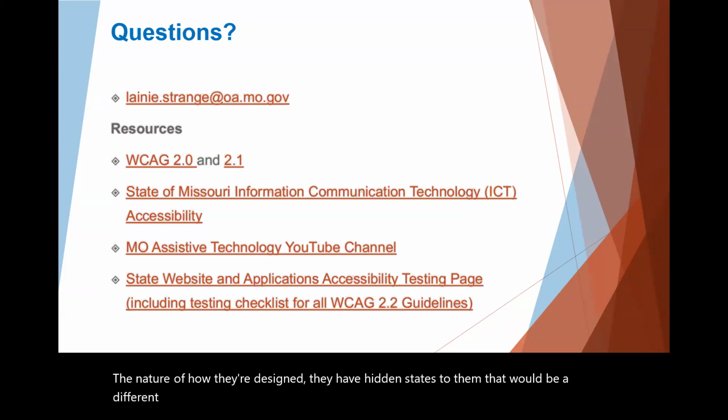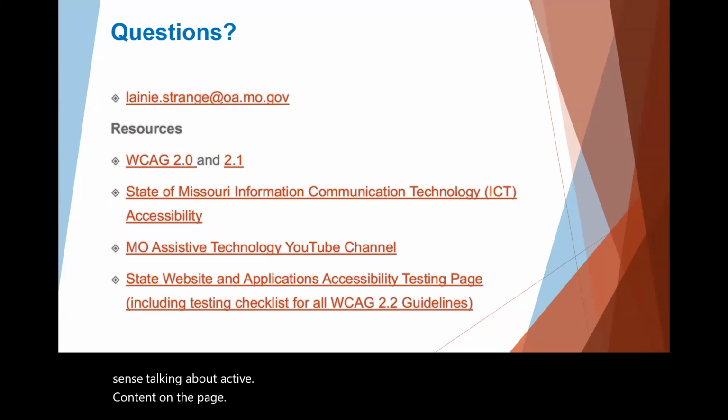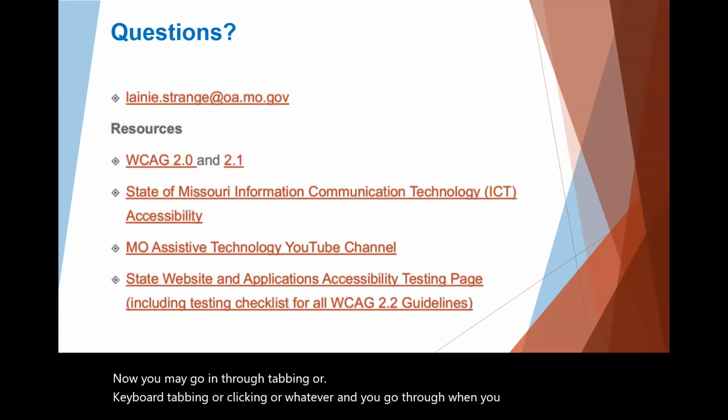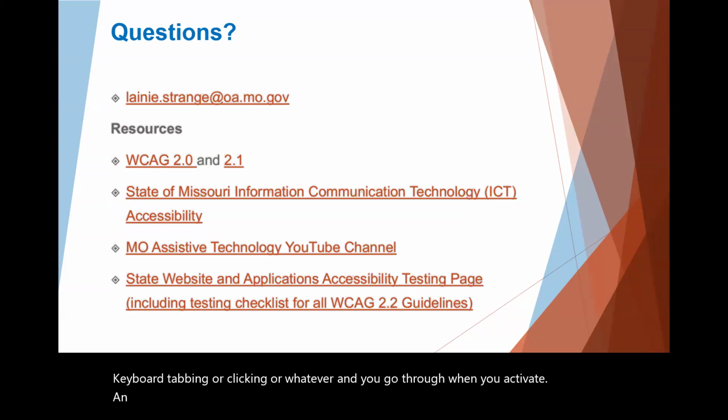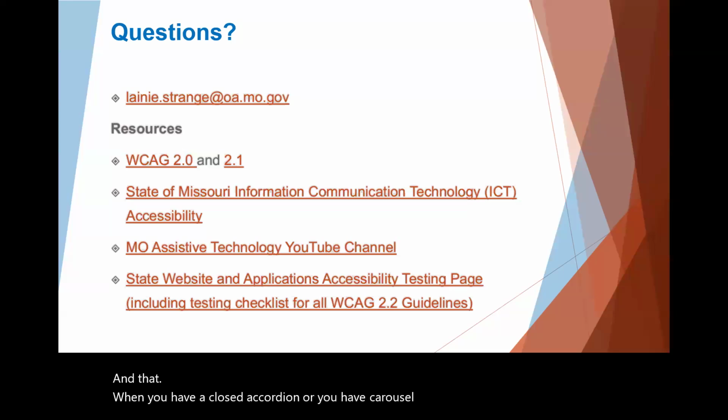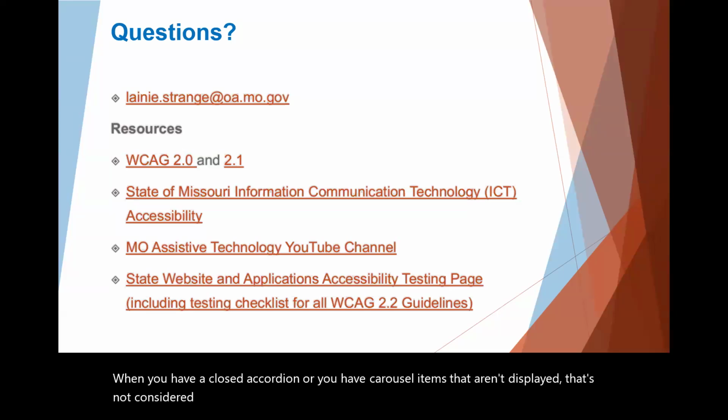The obscuring is about active content on the page. You may go in through keyboard tabbing or clicking, and activate an accordion or scroll through a carousel. But when you have a closed accordion or carousel items that aren't displayed, that's not considered obscured, because those items are in an inactive state.